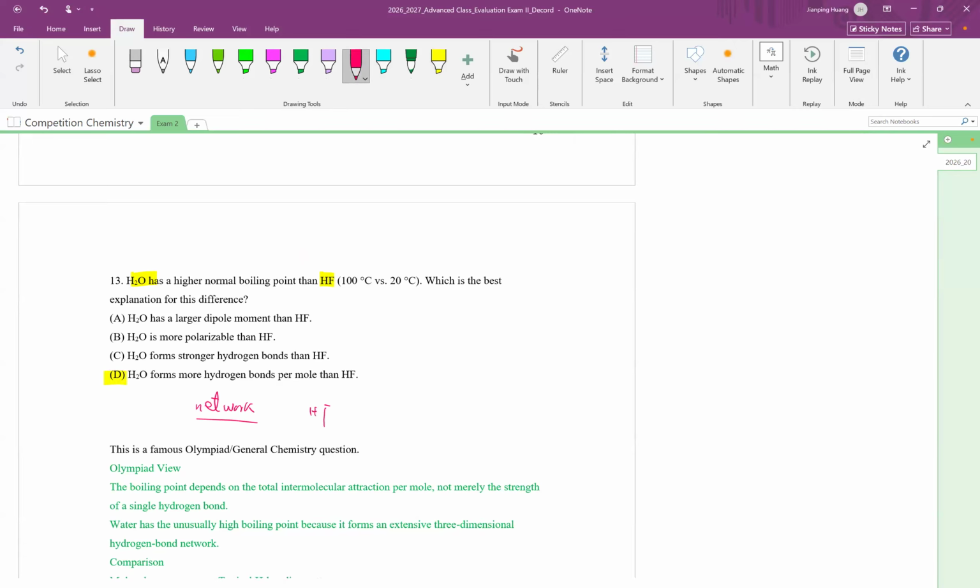HCl, the hydrogen bond basically, that one is linear, it's a chain.